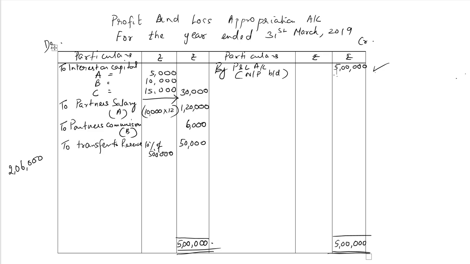So the difference between 5 lakh and 2,06,000 is 2,94,000.